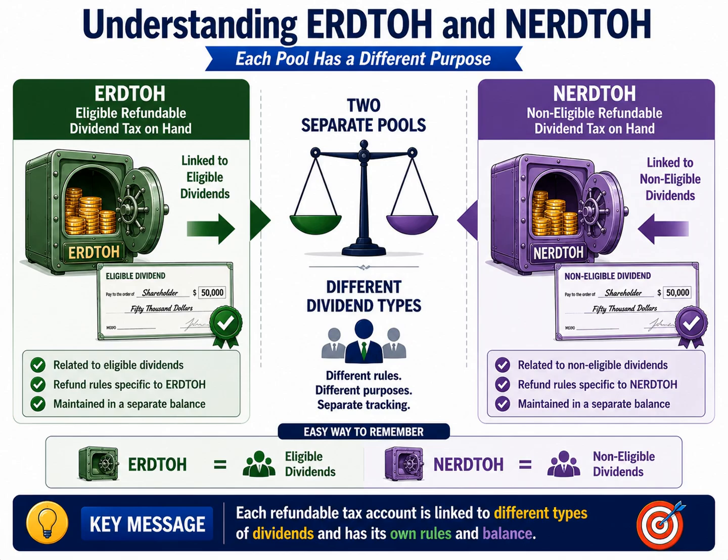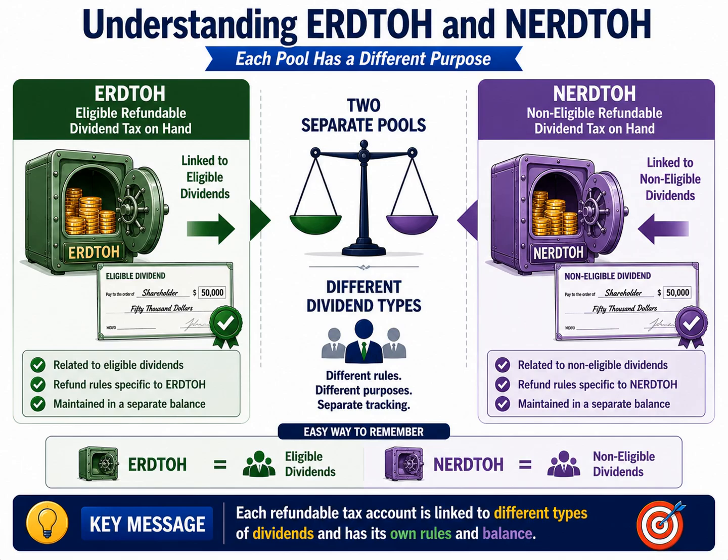The other stores refundable tax connected with non-eligible dividends. Although both vaults contain refundable tax, they are kept separate because they serve different purposes within Canada's corporate tax integration system. This separation allows the tax rules to more closely match the type of dividend being paid with the refundable tax that can be recovered.